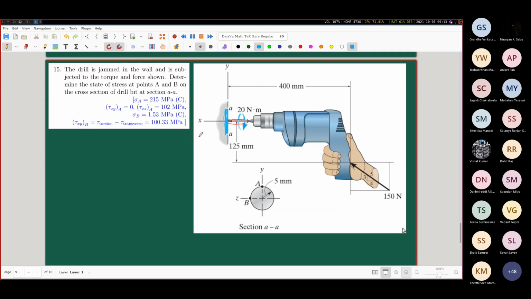Sir, it will be due to bending moment. Please say that again. Sir, it will be due to bending moment. I mean, we will draw the bending moment diagram. Okay. From the flexure formula, we can get the sigma xx. But that is due to which force? 150 Newton. 150 Newton, but which component of it?